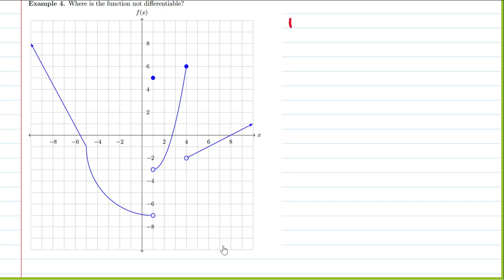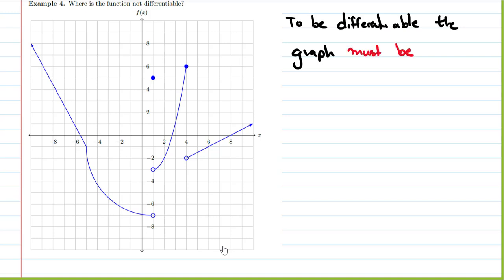So to be differentiable, one thing to note about that is that this is what is called a necessary condition, but not sufficient.